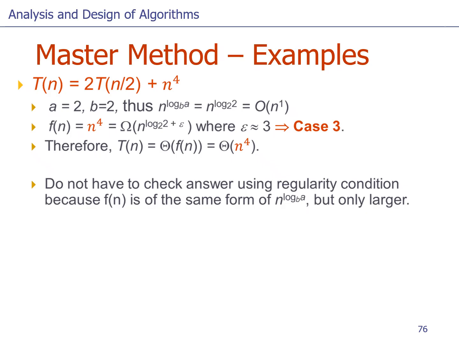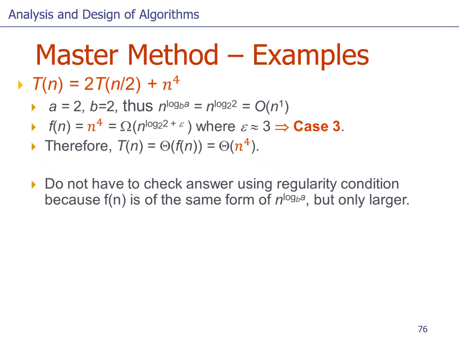You could argue this is intuitive because if you look at the formula, it says 2T of n by 2 plus n to the 4, but I don't want you to think intuitively. I want you to apply the formula and deduce it from the formula. This is obviously a plus epsilon, so we're looking at case 3. We're at the root level, we're doing most of the work, and we said if that's the case, it's going to be f of n, which is theta of n to the 4.